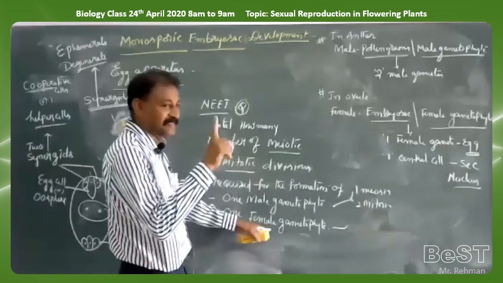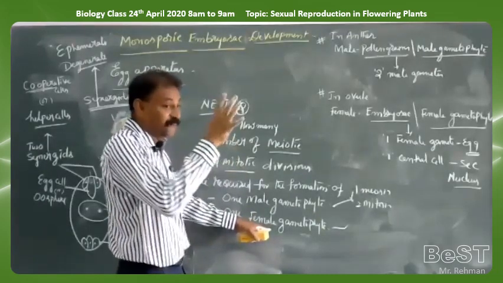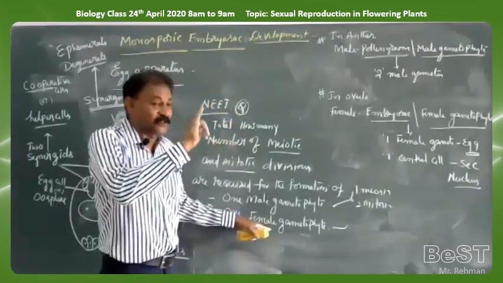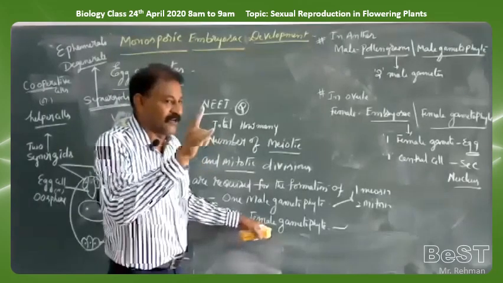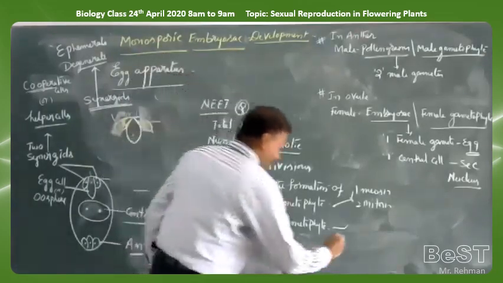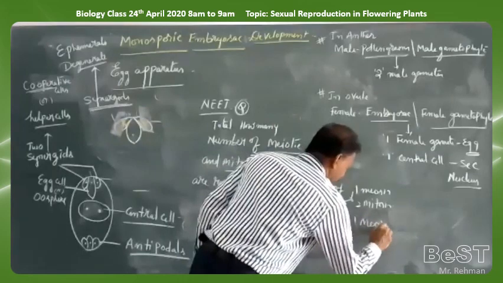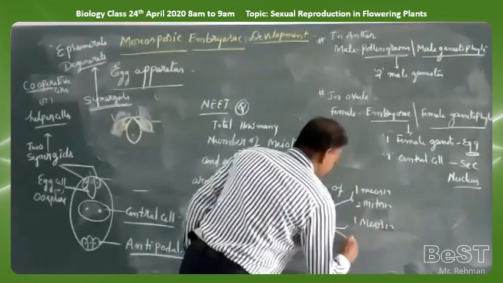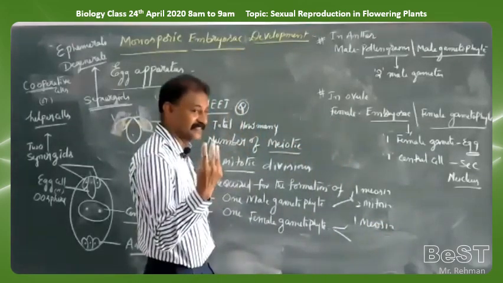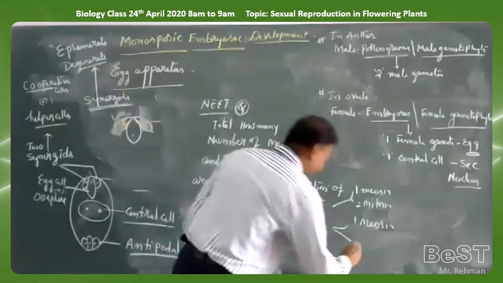Only one meiosis. Out of one meiosis, 4; out of 4, the upper 3 disintegrate. So one meiosis equals one female gametophyte. How many mitotic divisions? 3 mitotic divisions.